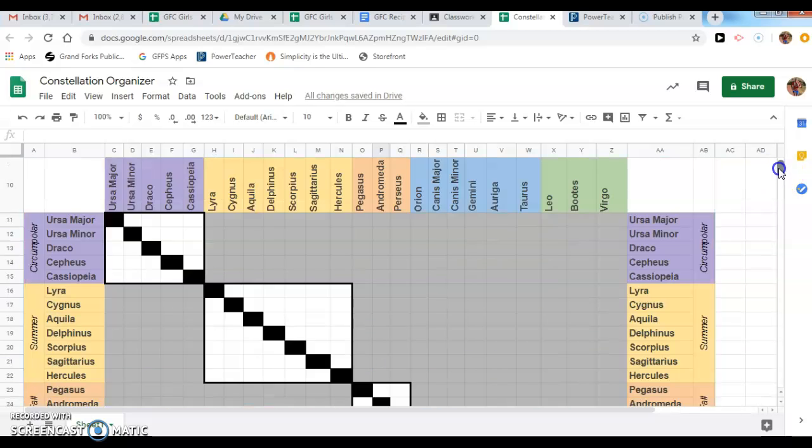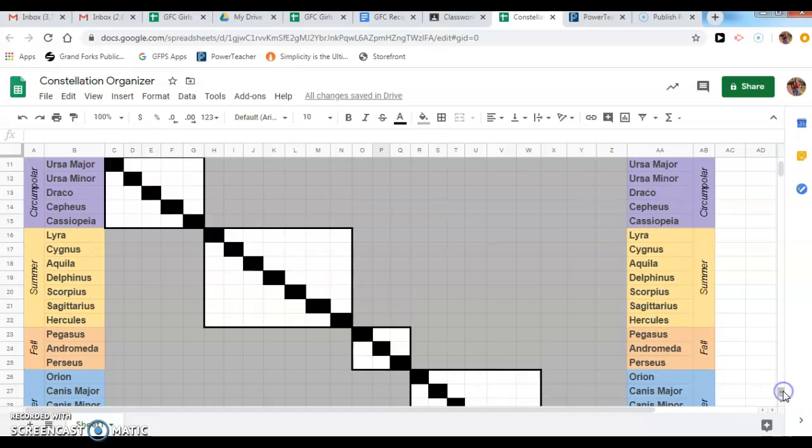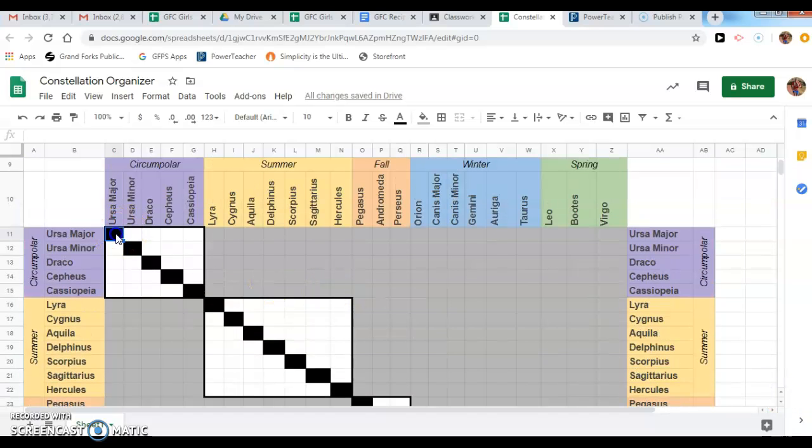So let's talk about the colors here. Black squares represent just that constellation, okay? So if I highlight this square, for instance, I have Cassiopeia on the left, and I have Cassiopeia on the top. So this square is reserved simply for only Cassiopeia.